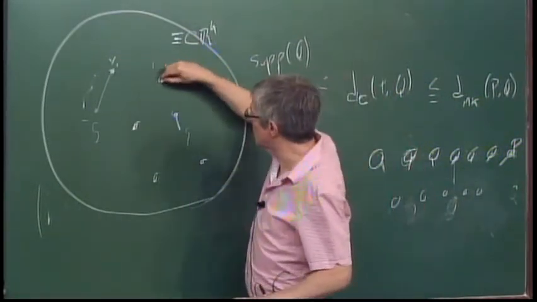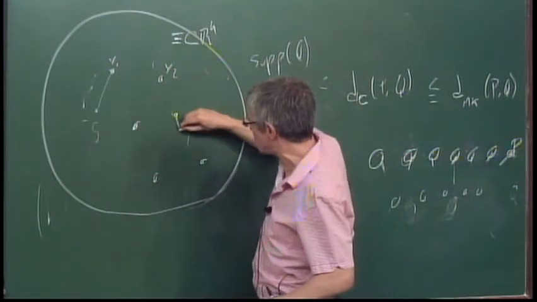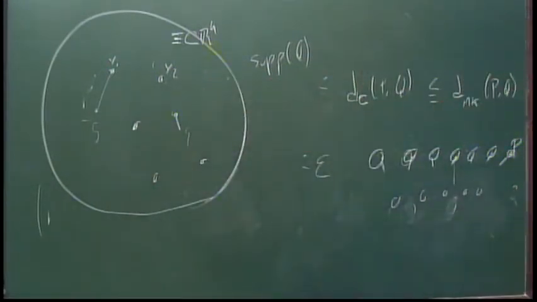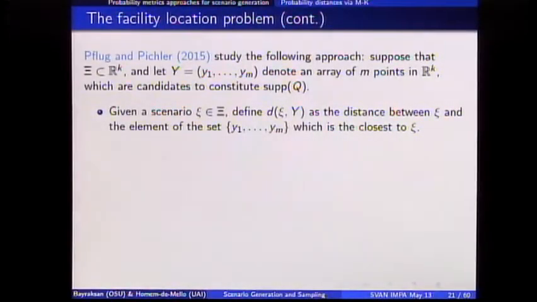We are taking these points as candidates, but our actual scenarios could be anywhere. So for a given scenario, just measure the distance between C and the Y's. This is a number, just the distance between C and the set.